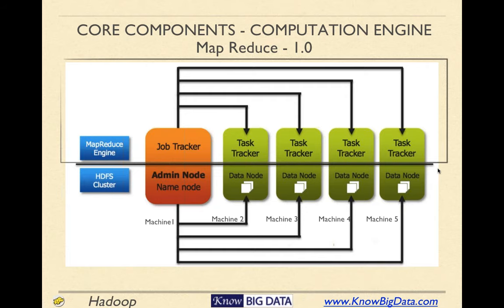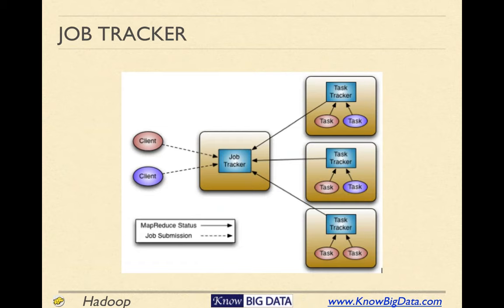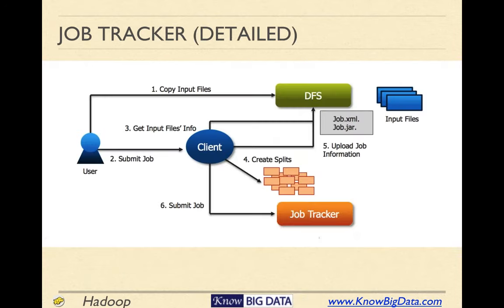No. Only the nodes which are near the data. The other way to look at the model is, there is a client. The client goes to job tracker and hands over the work, and job tracker gives the work to task tracker.